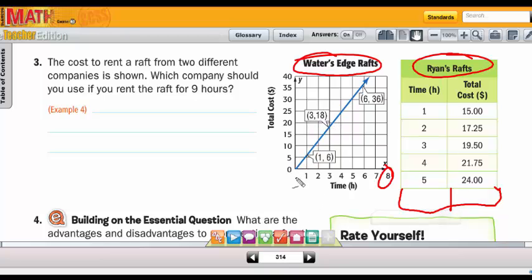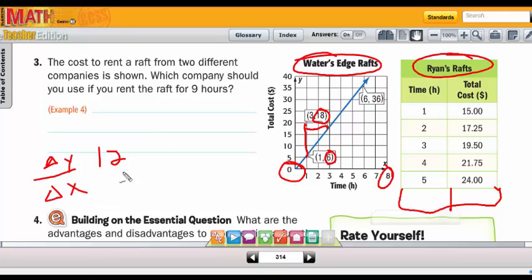First thing that I would recognize is that we have a y-intercept of 0 on the Water's Edge. So we should be able to just take a look at this and find our slope. So we're going to go change in y over change in x. The change in y from 6 up to 18 is 12, over the change in x from 1 over to 3, which is our run.